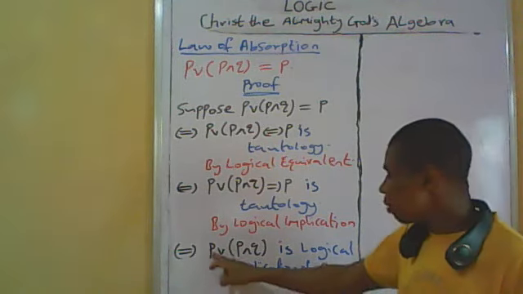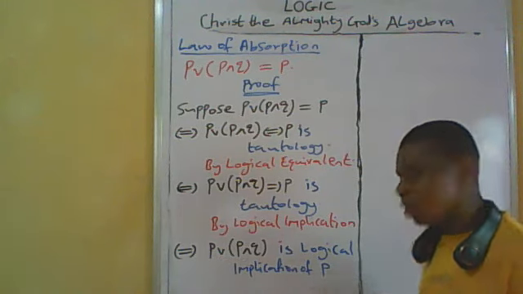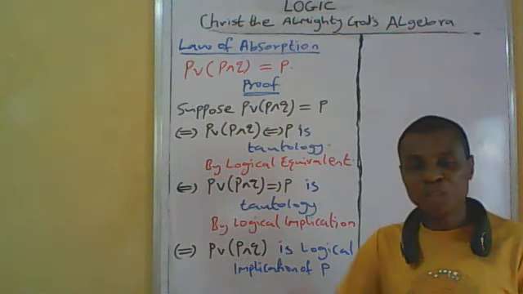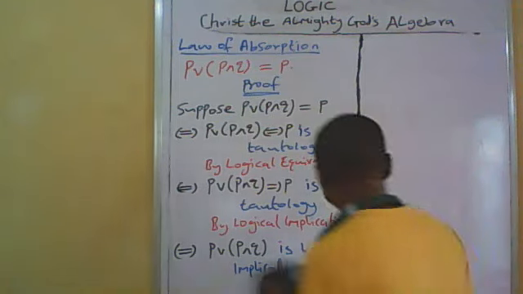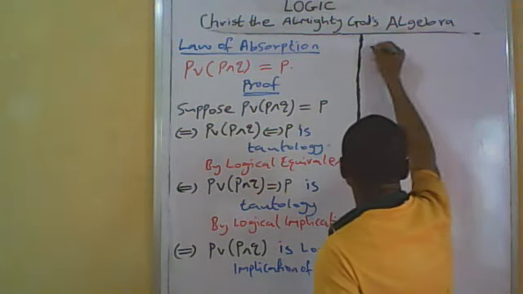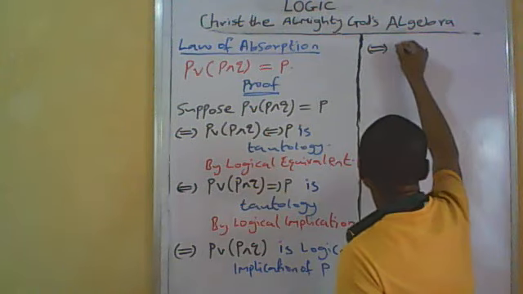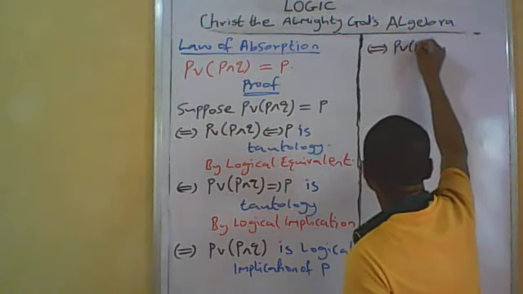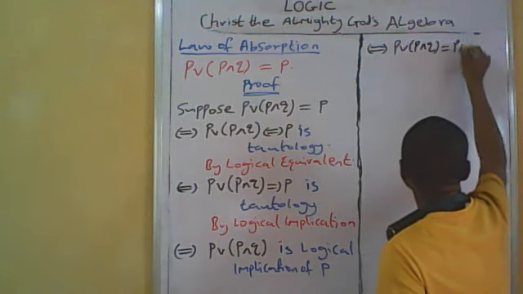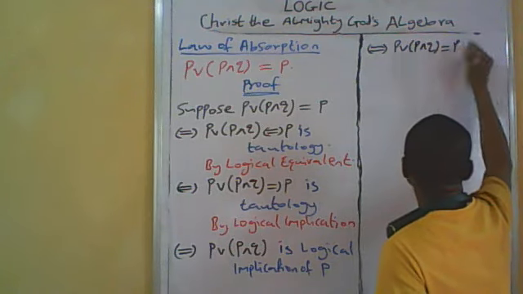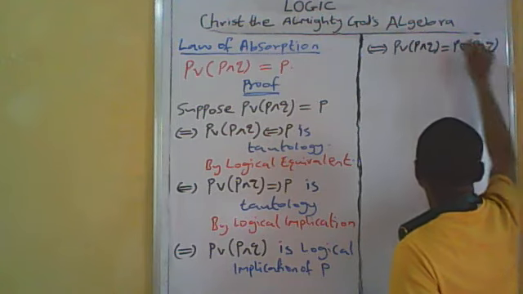That's why I say that P or (P and Q) is a logical implication of P by the principle of logical implication. If and only if P or (P and Q) is equal to P and P or (P and Q).